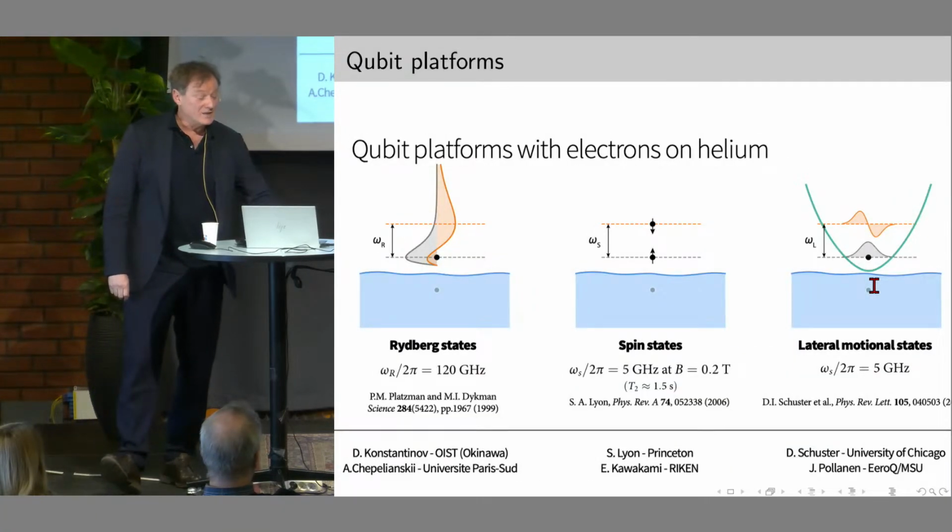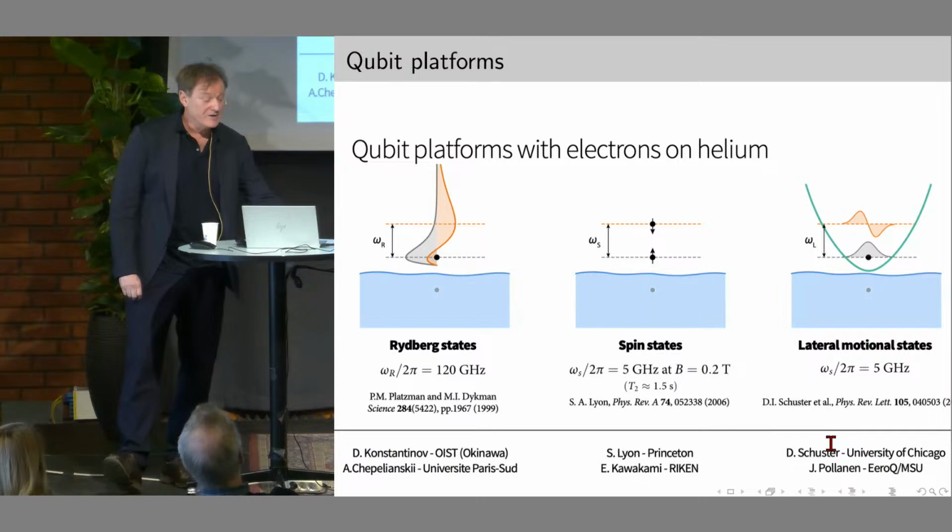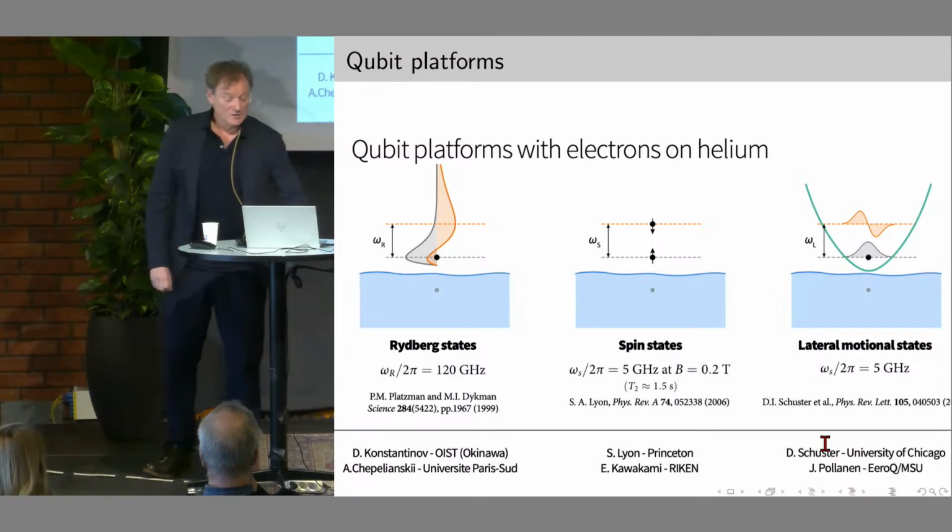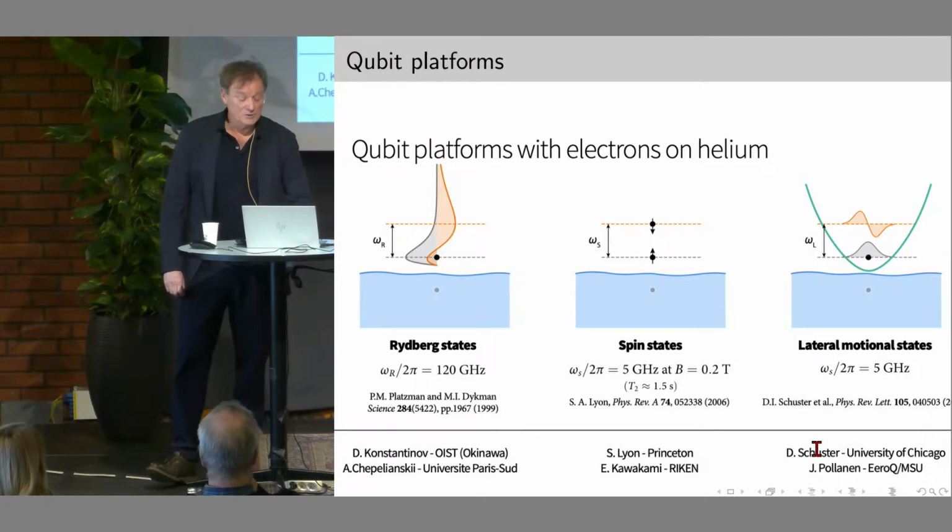So people have tried different platforms. What we are doing now is looking at what's called lateral motion. This is technical, and this is something which was developed by David Schuster, who was Johannes' postdoc supervisor. David Schuster, at the University of Chicago, has done these experiments with superfluid neon and other noble gases, whereas Johannes has developed a technique for superfluid helium.